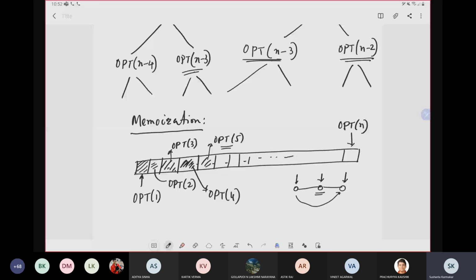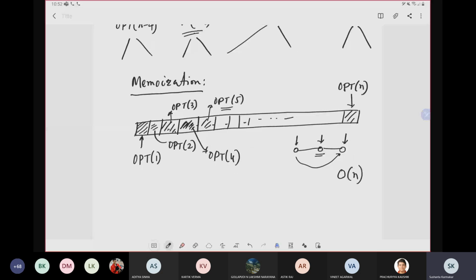And remember, in this particular case, how much time do we spend? We just need to fill up this array of size order of n. It is a loop to fill up this array, and each computation of each entry in this array requires at most checking the previous two elements.